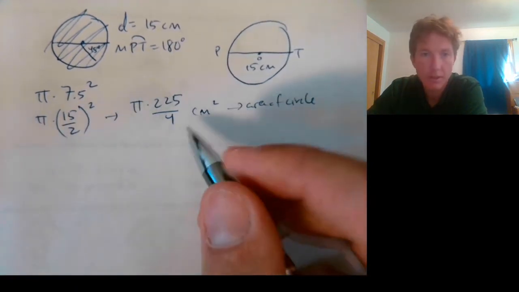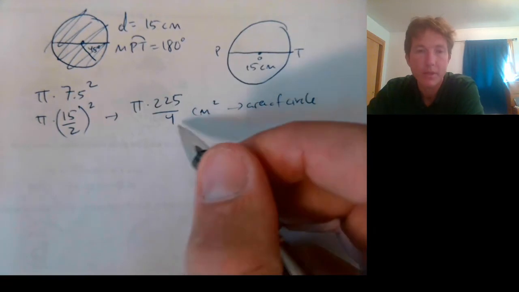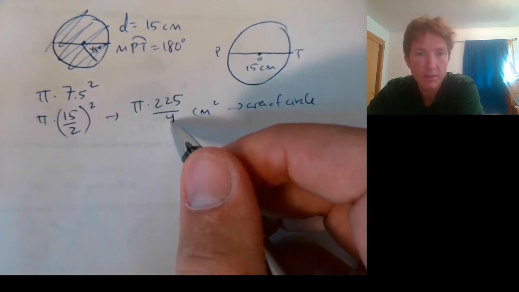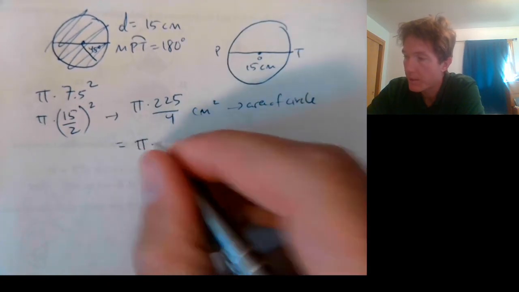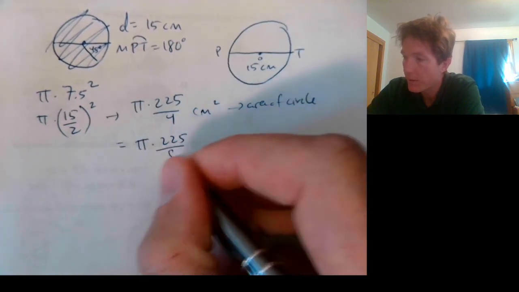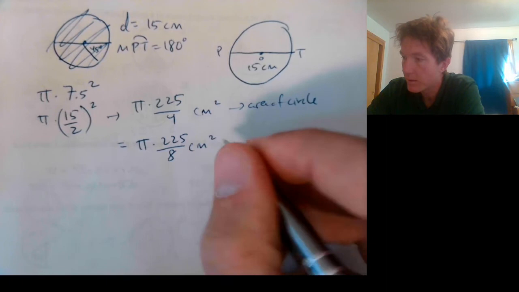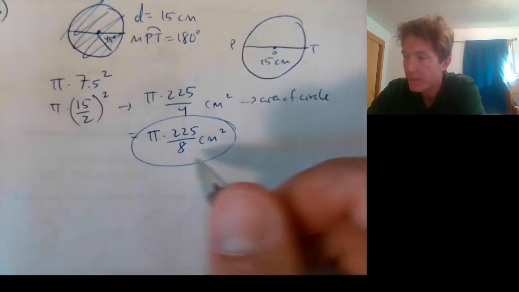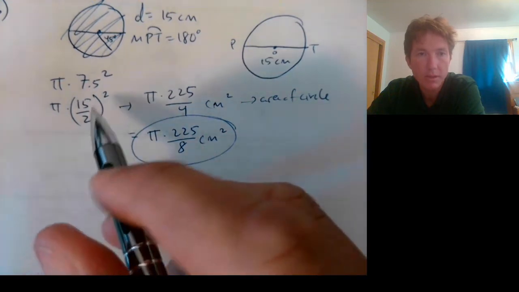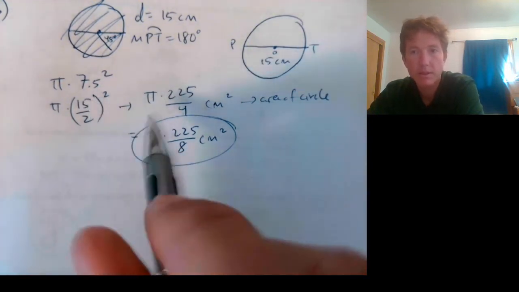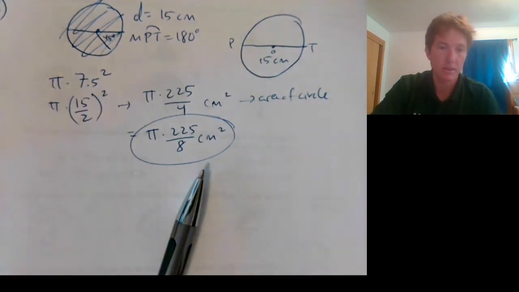To get the area of the sector, I just need to half this. So if you divide this by 2, that 4 turns into an 8. So my answer is going to be pi times 225 over 8 centimeters squared. If you're in decimals, 7.5 squared, let's see, what's that? That's going to be there.